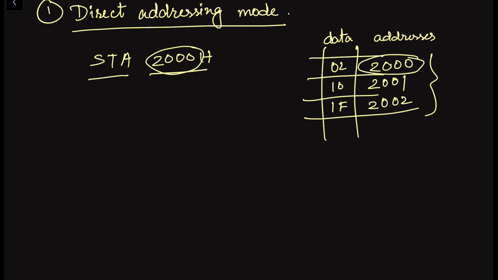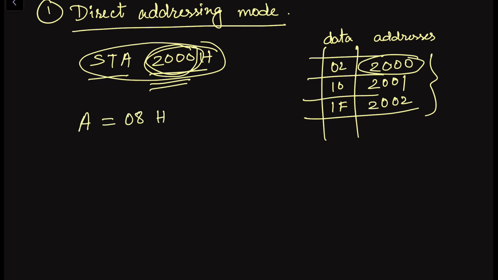After going through this instruction, we understand: store the accumulator content in the address 2000H. This 2000 is the address, and we have to store the content of the accumulator. Suppose the accumulator content is 08H, in hex code.